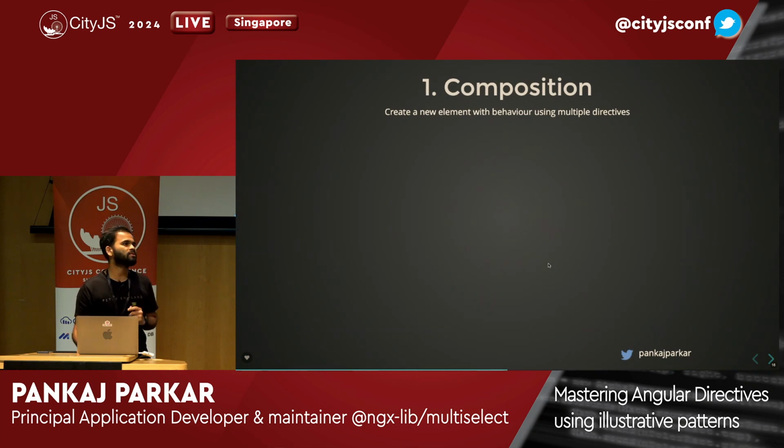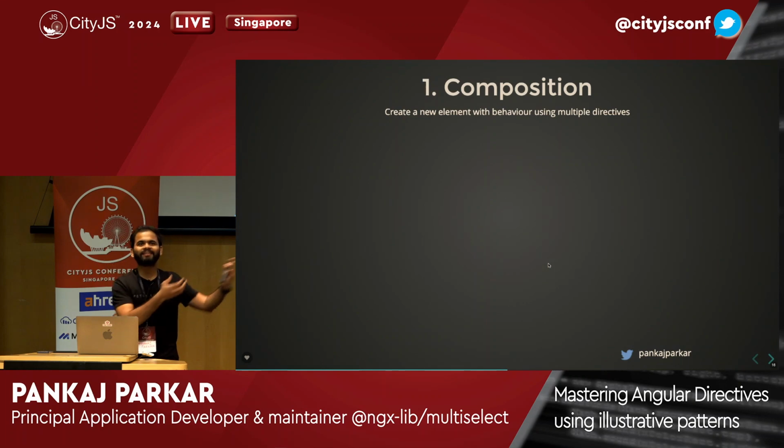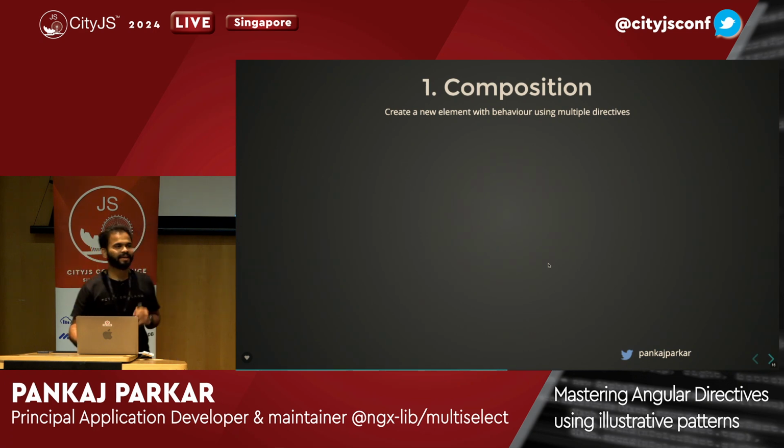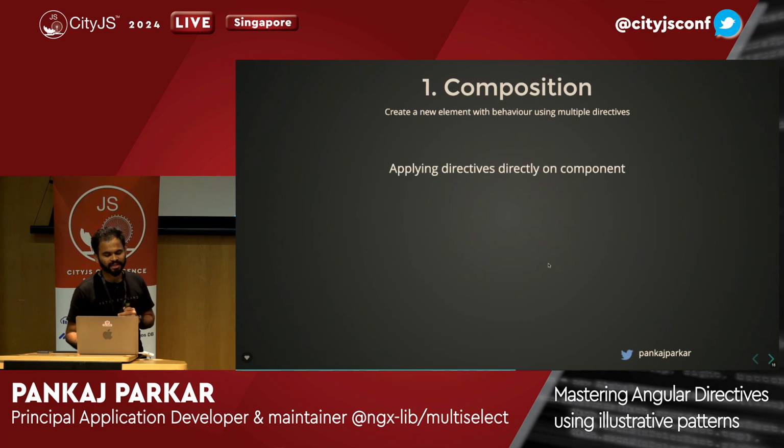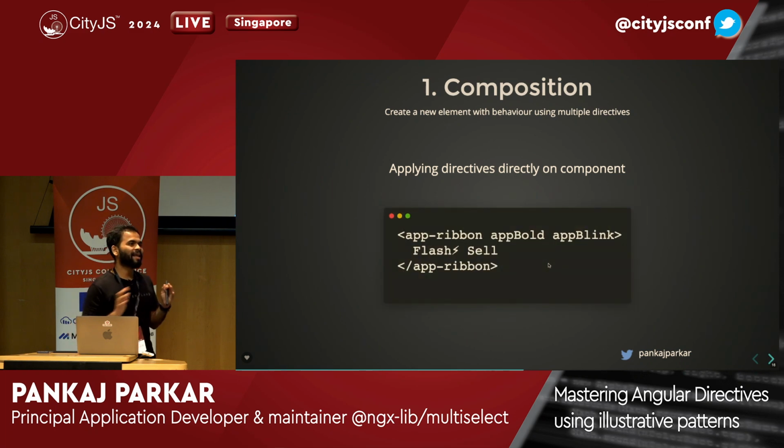The first type was composition. When it comes to composition, what we understand is we create something based on multiple small chunks. In Angular, how can you do the same thing? Suppose you want to apply one behavior on top of some element.